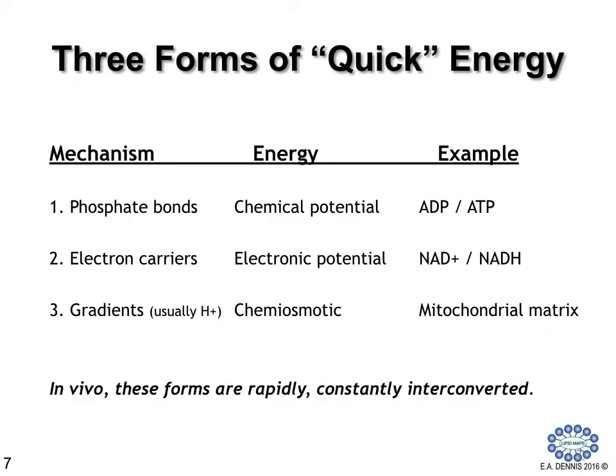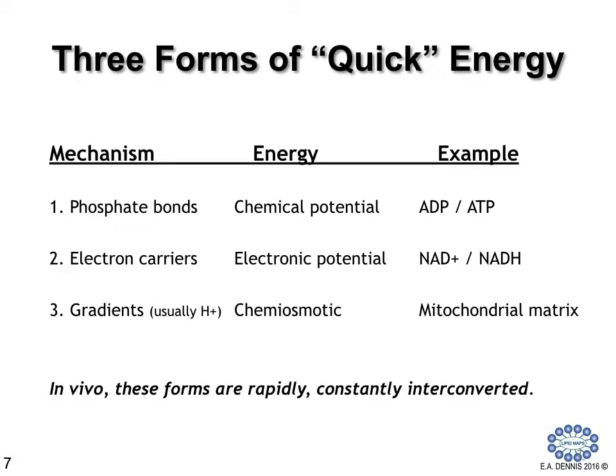There are three important forms of energy and energy storage in biology. They're listed here. The first is in the form of phosphate bonds that are incorporated into ADP and ATP, and these store chemical potential. A second form is in the form of electron carriers, such as NAD and FAD, and these have electronic potential.